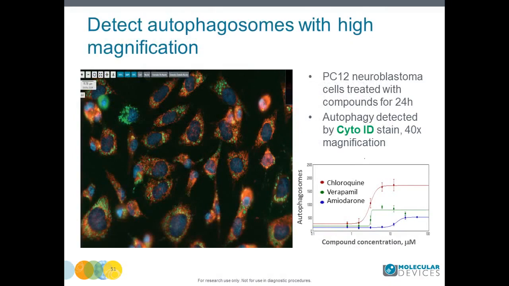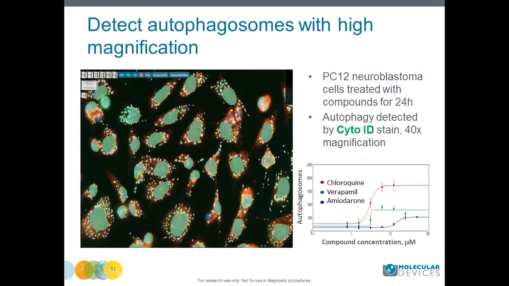Autophagy is a regulated process of degrading and recycling damaged proteins and organelles in response to cellular stress. This regulation of autophagy has been established to play a role in various neurodegenerative diseases and also cancers. For the assay development, we were using the PC12 neuroblastoma cell line.